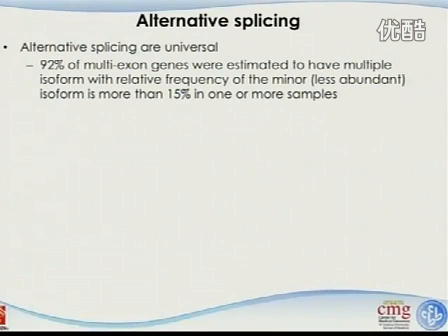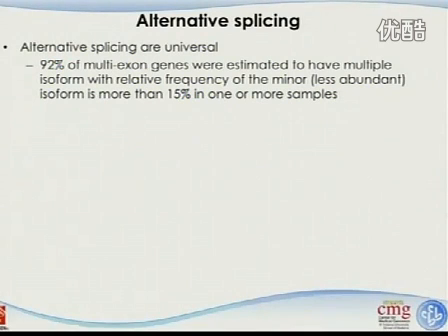What this tells us is, we know that 94% of human genes have multiple exons. Among these 94%, 92% of them have been alternatively spliced one way or the other across 10 different tissues.